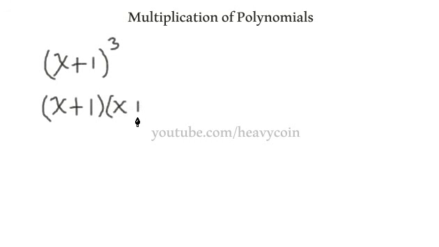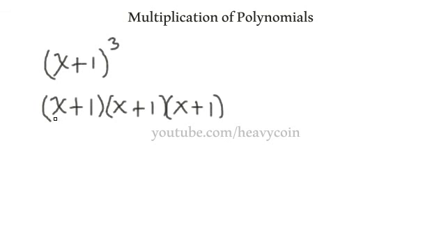I say we work a little bit more complicated one next. So what happens when we have x plus 1 to the third power? Well, what this means is we have an x plus 1 times an x plus 1 times an x plus 1.